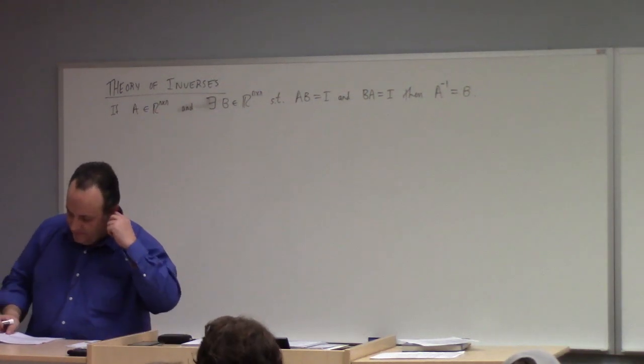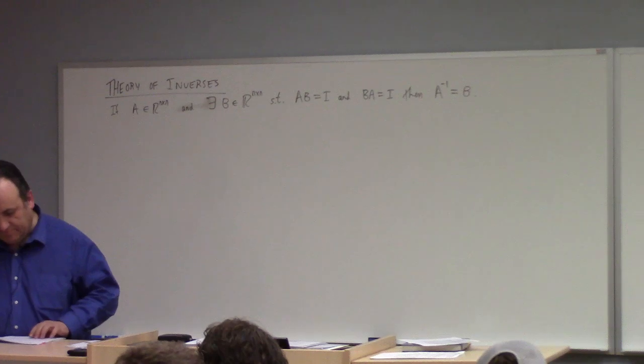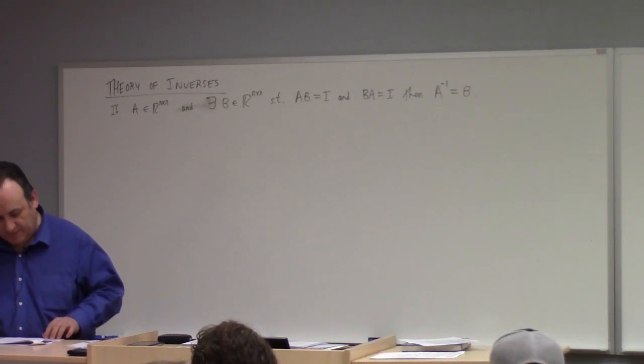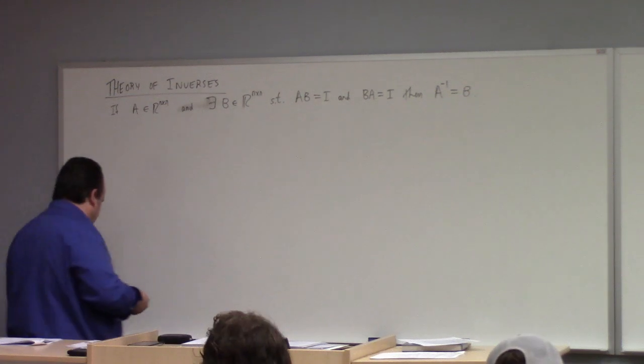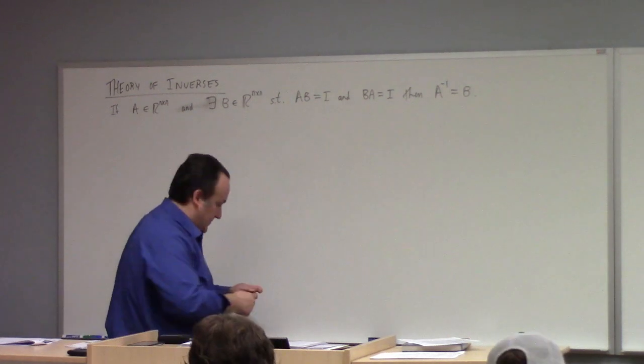In this case, the matrix is said to be invertible, all right? So there's a few theorems I need to prove about these sorts of matrices.